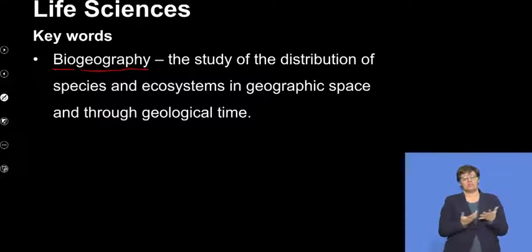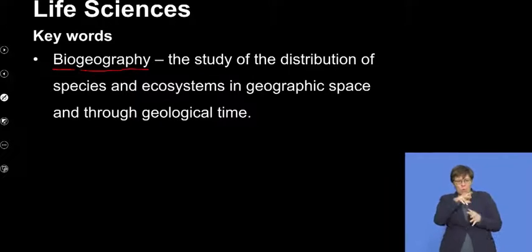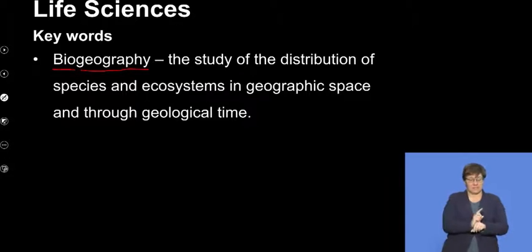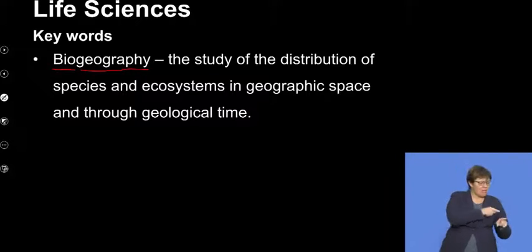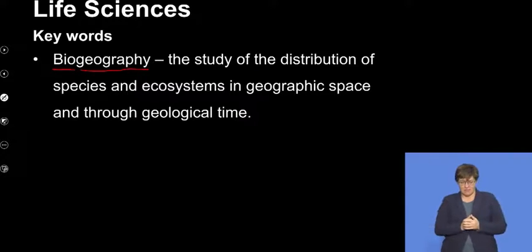So basically when we're looking at this term, we look at the distribution of species and ecosystems in geographic space and through geographical time. So in other words, we have a look at how the continents were arranged at various times and why organisms might be similar. If we have a look today, why we find organisms that are similar but are actually thousands of kilometers apart.